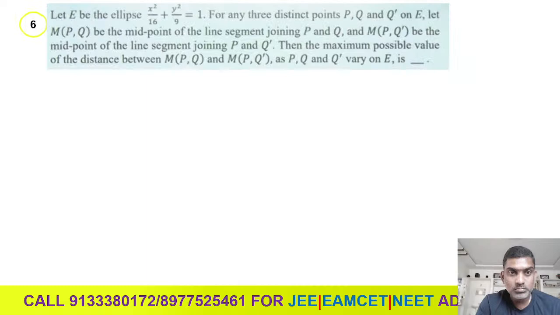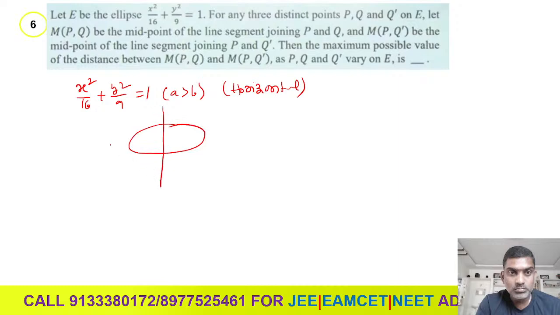Right, question number 6 we are discussing now. Again, I can draw the figure and show you. X square by 16 plus y square by 9 equal to 1. A is greater than B, horizontal ellipse. And they are saying that we have a point P here, point Q and Q dash, join PQ, PQ dash, and QQ dash also join.